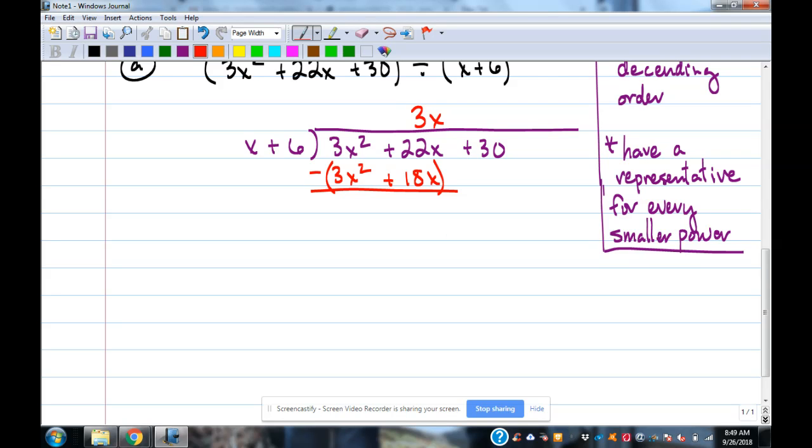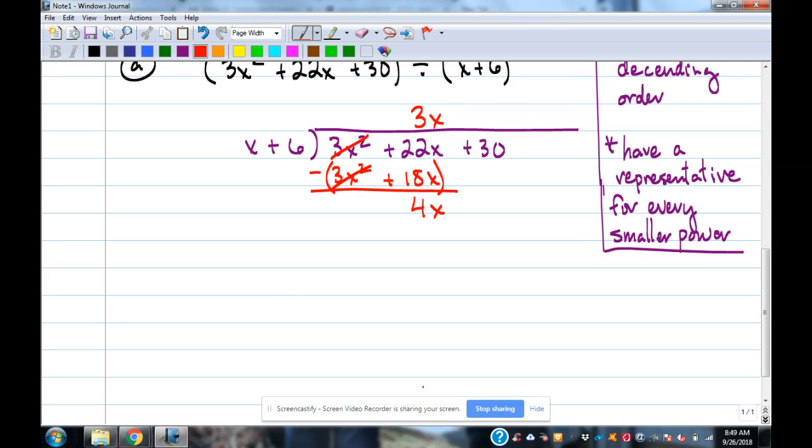So 3x squared minus 3x squared. What happens to those? They cancel out. That's what we want to happen. That should happen every time. If you're doing it right, that first piece should always cancel out. So those go away. And then we have 22x minus 18x, which is 4x.